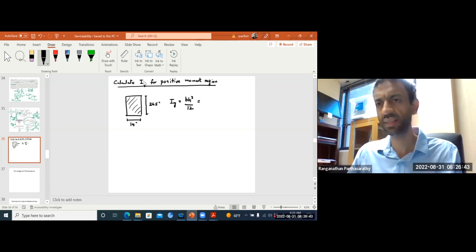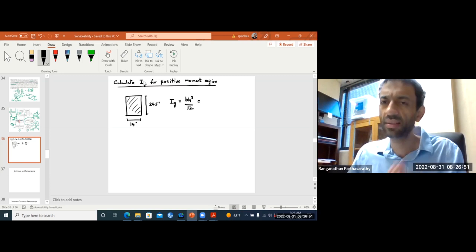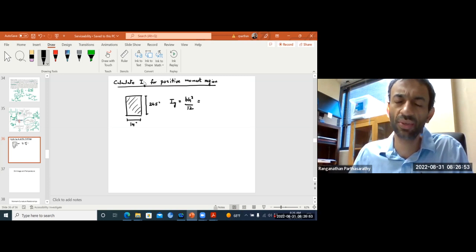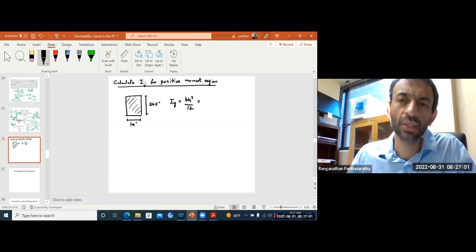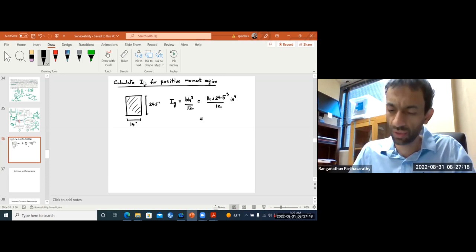You need your effective moment of inertia, the EI, the F factor and your elastic modulus. So let's calculate all of the effective moments of inertia first. This value is 14 times 24.5 cubed by 12. How much is that?